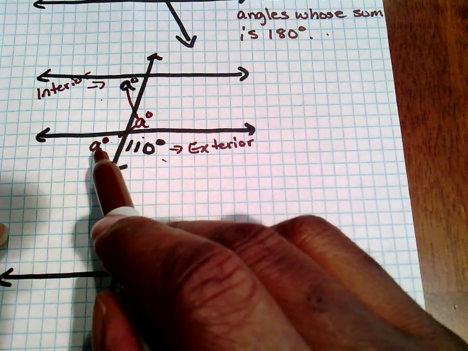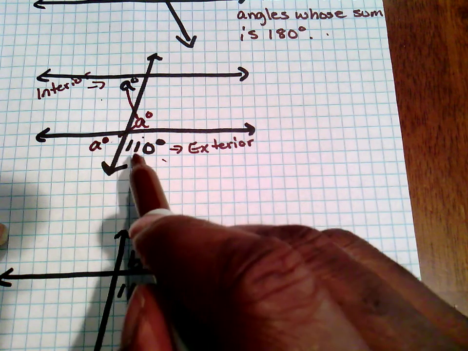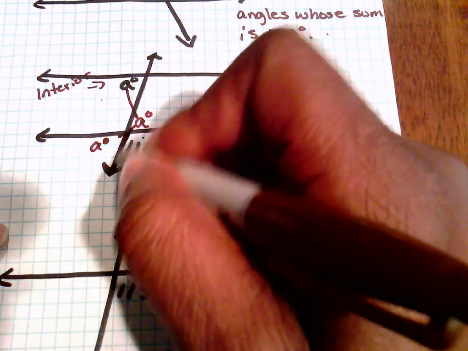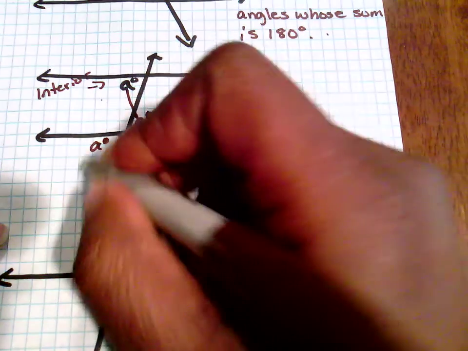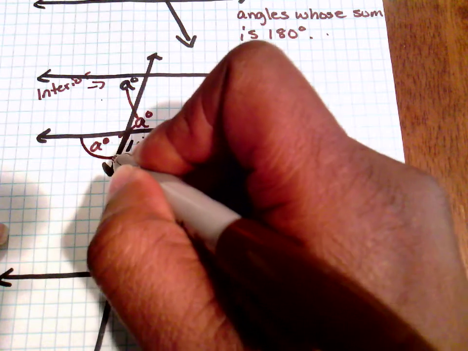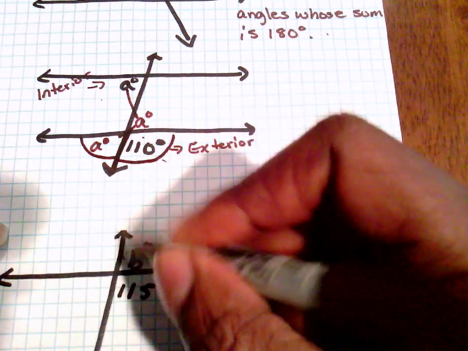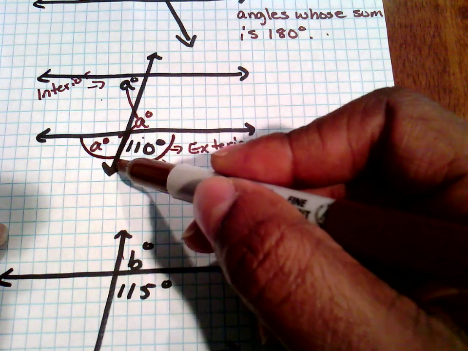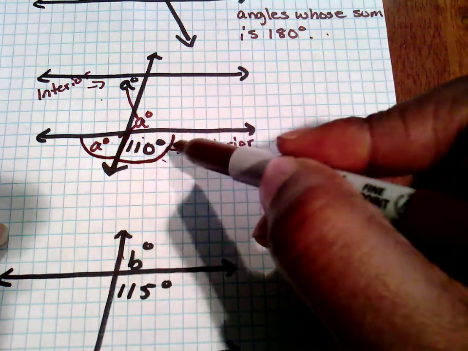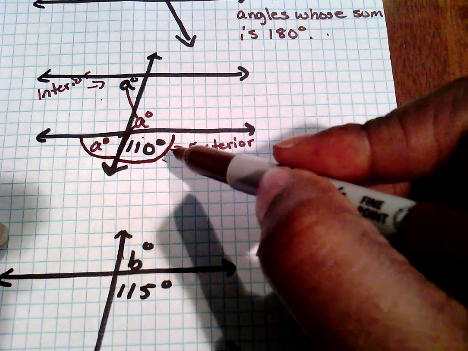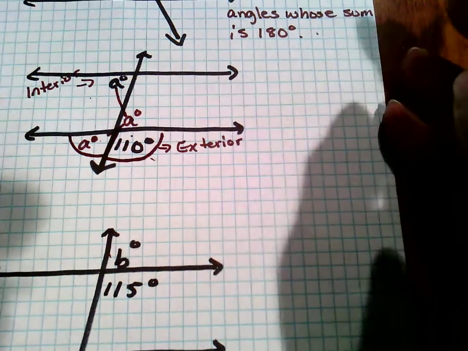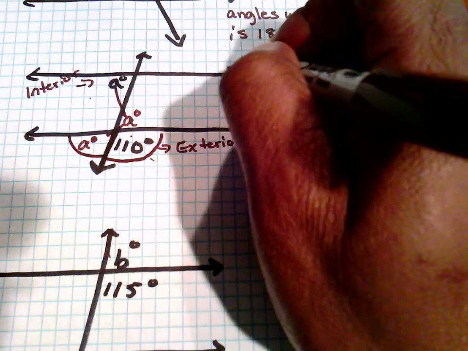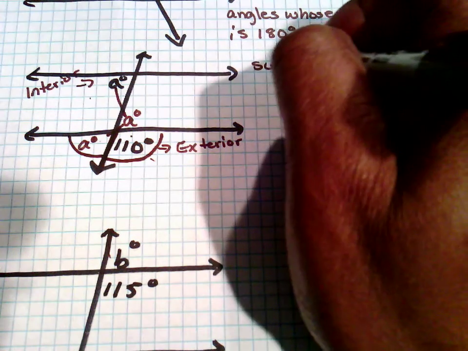Now, once it's here, the 80 degree angle shares a side with the 110 degree angle. If we put the two together and imagine our transversal wasn't here, we would get a straight angle, which means the two angles together sum to 180 degrees. So this must be a supplementary pair.